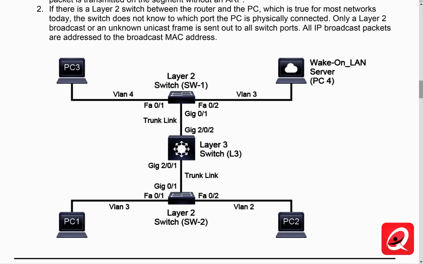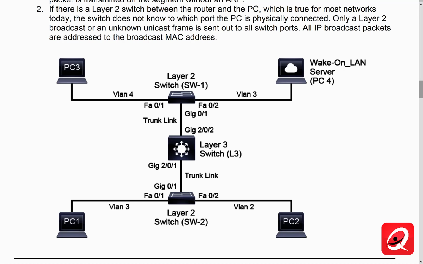Once the magic packets arrive, then the device does whatever it's programmed to do based on the receipt of those magic packets. It doesn't have an IP address. It's not going to respond to data requests. It's not going to respond to ARP requests and so on, but it will respond to those magic packets.